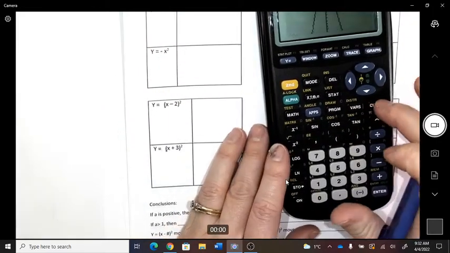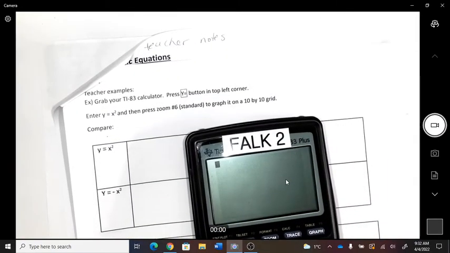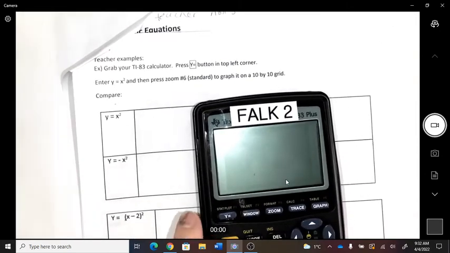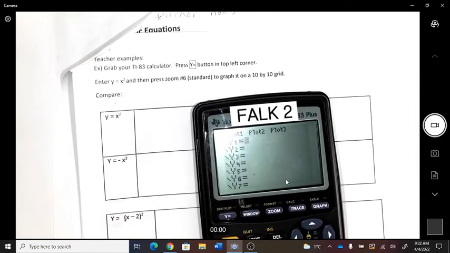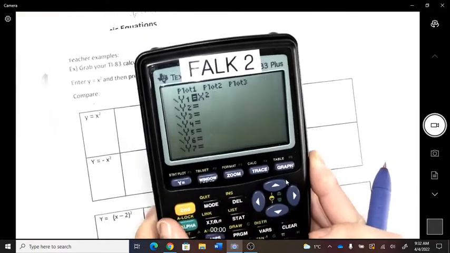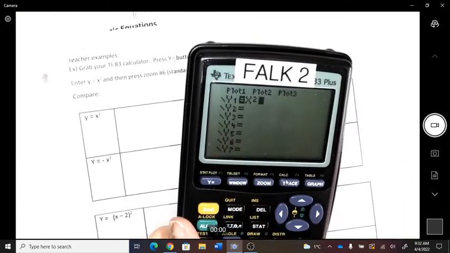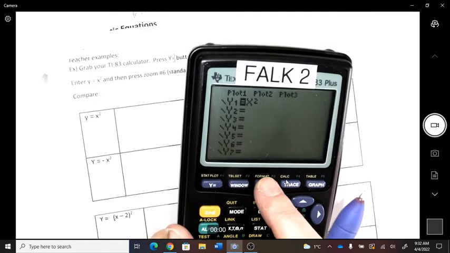Okay, we have already done some of this. We had our TI-83s going. So we're going to graph y equals x squared. I just did a clear and then put the x squared in there. I think I'm still on my original grid. I'm just going to check here.